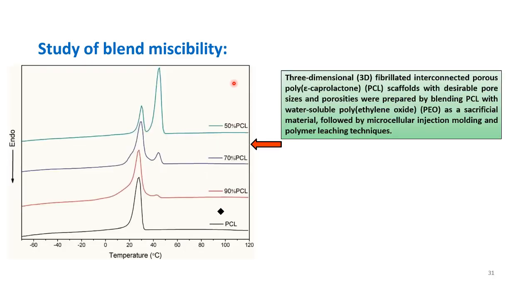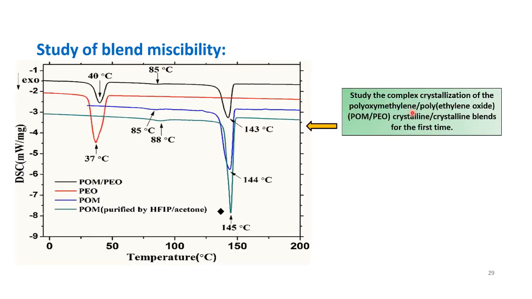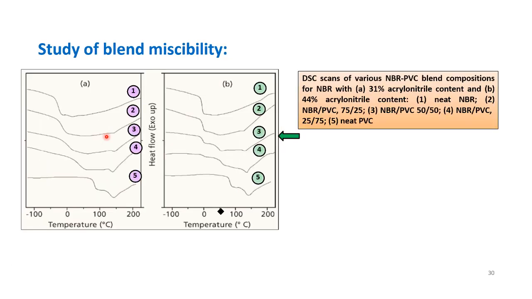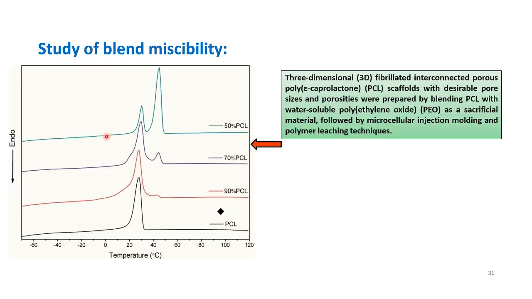Then one more example, for the PCL, where we are adding PEO as a sacrificial material. PEO, we saw that it is coming around 37 degrees Celsius. PCL has a peak around 25, and for the PEO we have around 37, which is not mentioned here, but still.